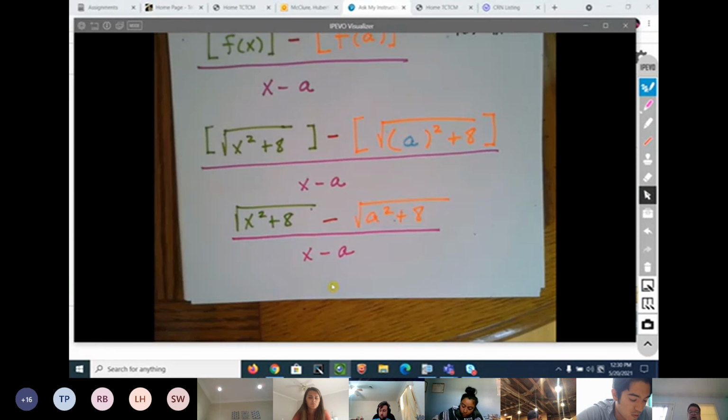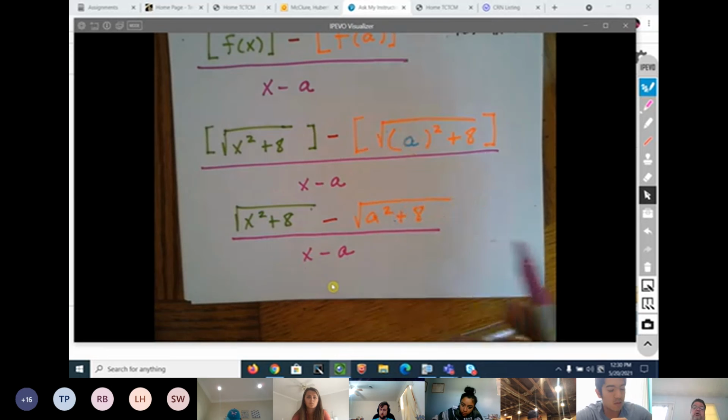Looks like to me you're going to conjugate the top. So you're going to multiply by the green plus the orange over the green plus the orange. So go to it, because that's all algebra.